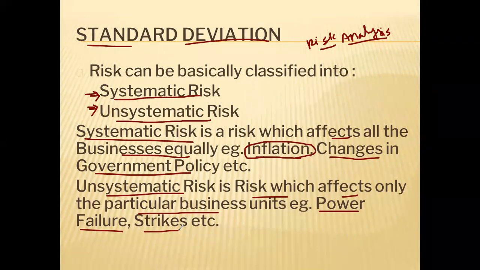Now, how can we measure risk? Systematic risk is measured using beta. So if you want to measure systematic risk, then you will have to calculate the beta value.